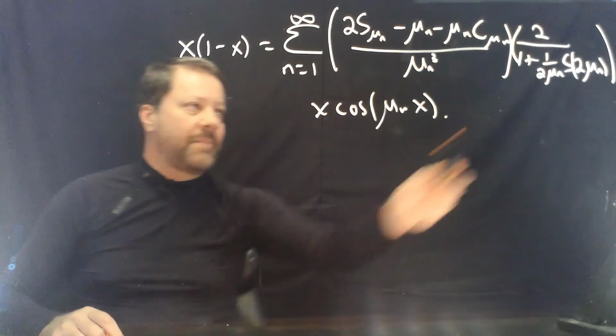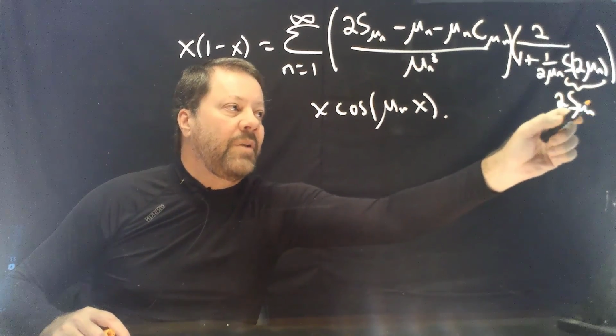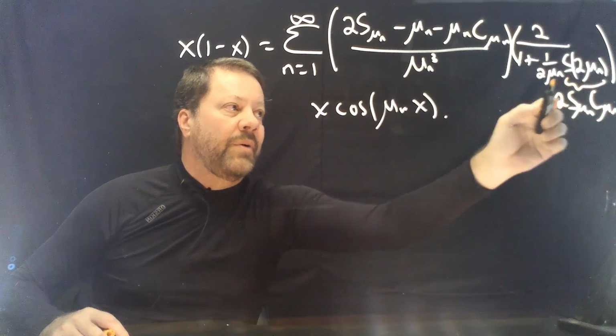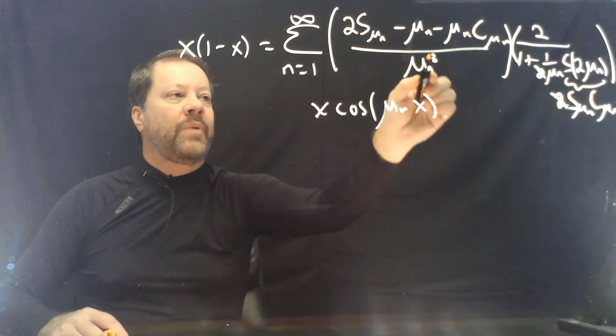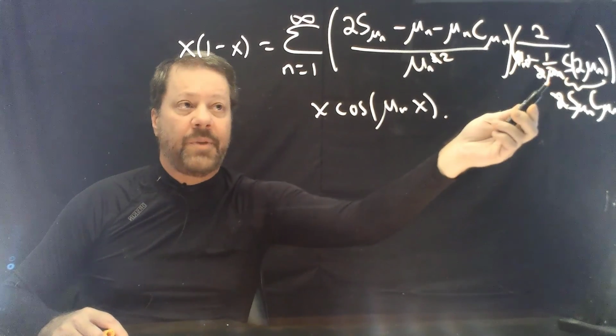We can only simplify this a little bit. Like I say, this is 2 sine mu n cosine mu n. This 2 will cancel this. We can break one of these off and put a mu n and cancel this mu n.